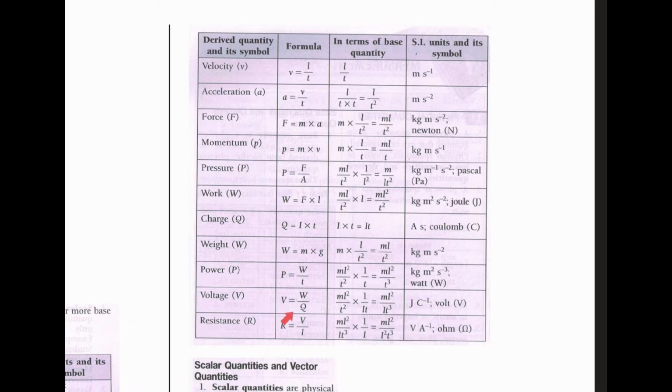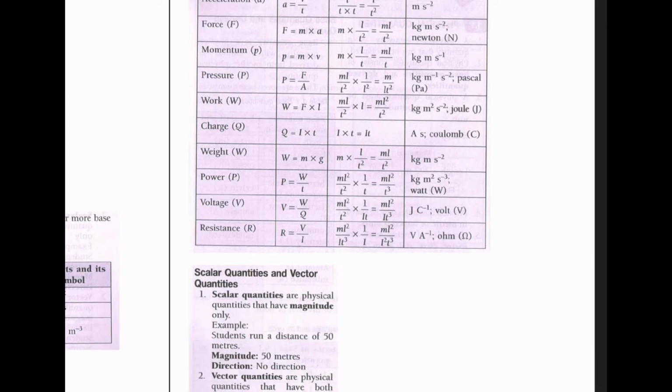Resistance, voltage over current, and then they put the base quantity one by one. Okay, so we have the working there. So I just leave it like this first. Let's move on. Also, exam won't ask. They will ask actually. They will ask you to put these in base quantities and then derive the units.